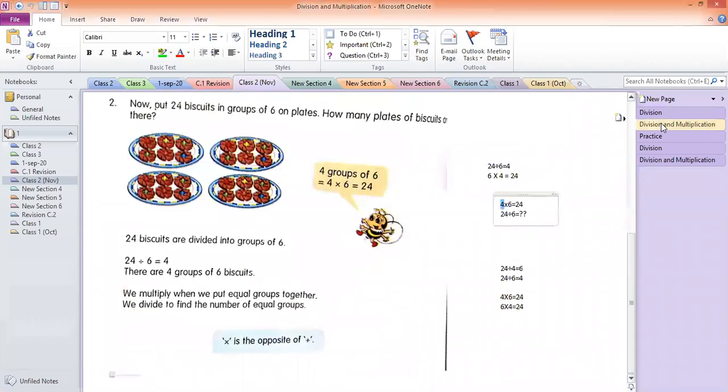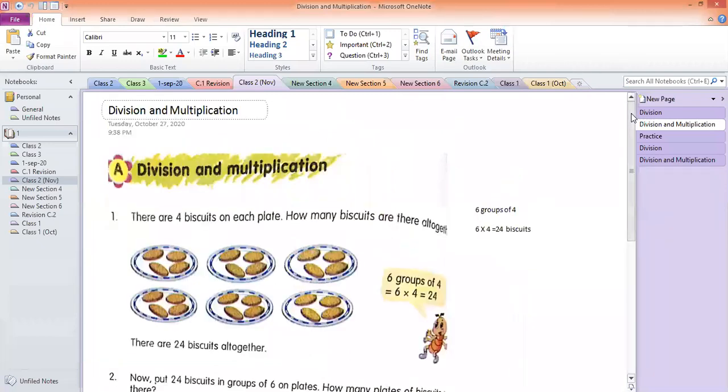We also studied some examples, like the example of the biscuits. There were 24 biscuits in groups of 6. In each plate there were 4 biscuits, and there were 6 plates. So there were a total of 24 biscuits, because 6 groups of 4.